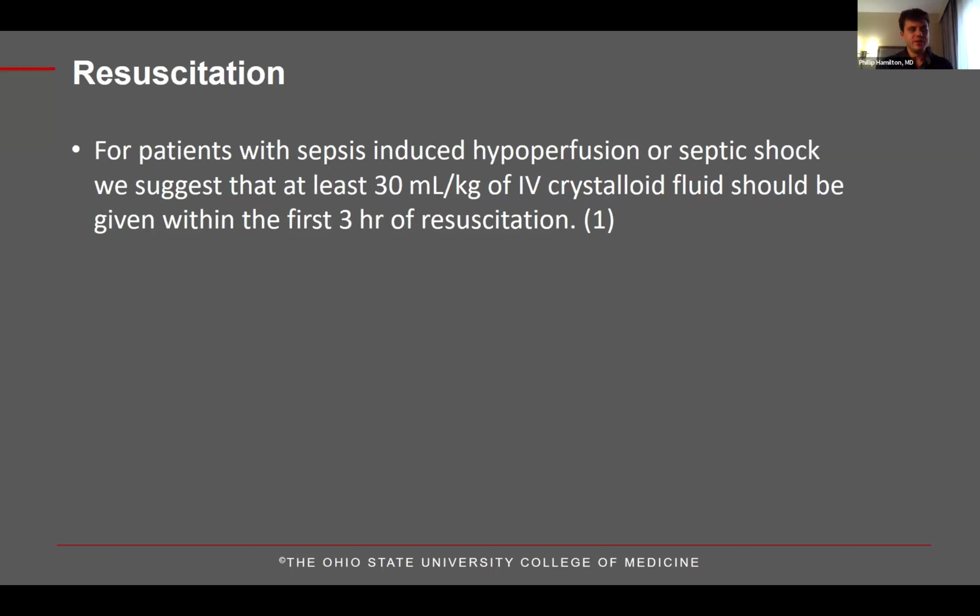And also there's some comment that the control group in that trial had a pretty above average mortality. And so there's been a lot of studies since then that haven't necessarily reproduced that, but this is one of the things that has persisted and become a pretty widespread clinical practice: the initial IV fluid resuscitation for patients with sepsis and septic shock.